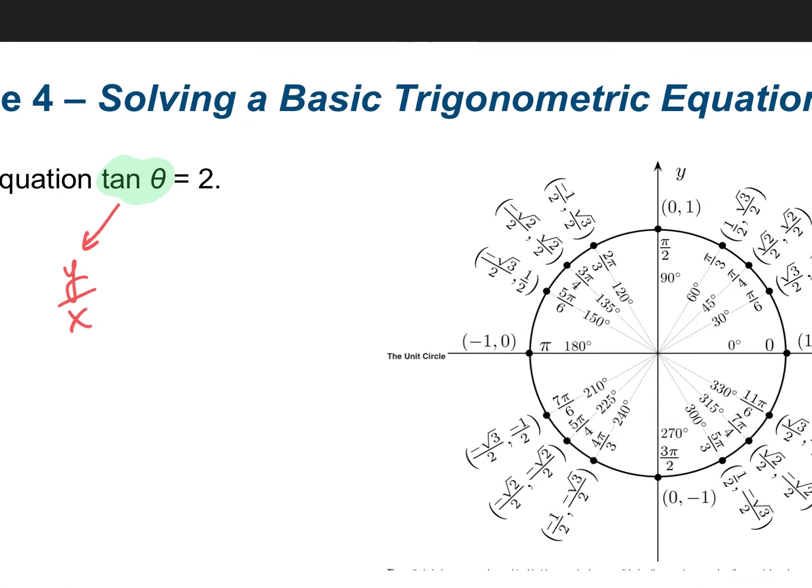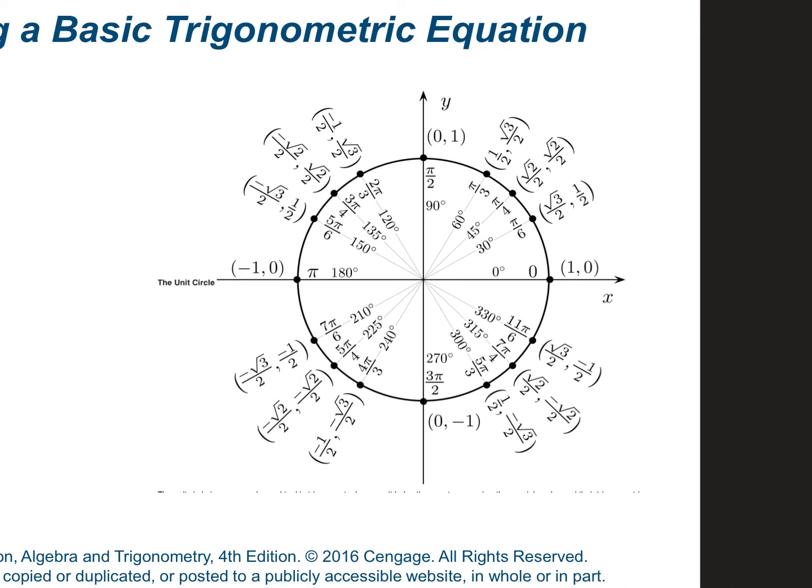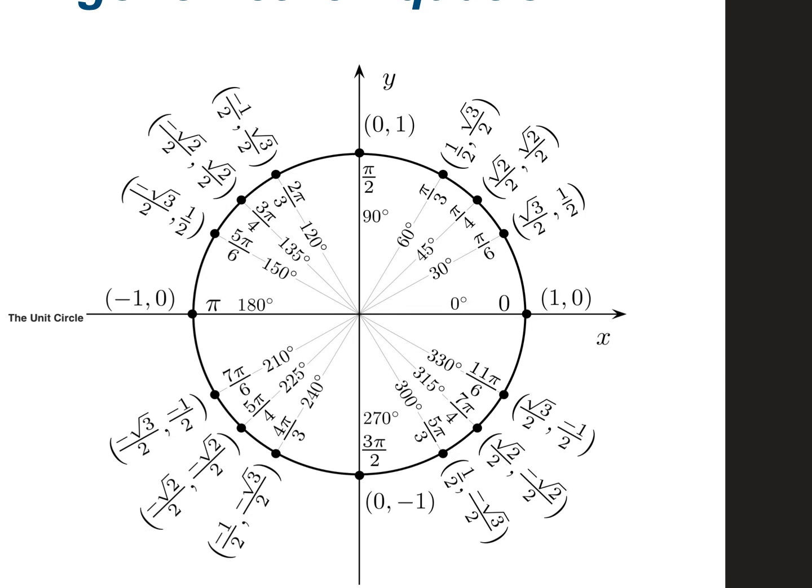Can you just look at your unit circle and tell where you would take the y value, put it over the x value, and get a specific number? Hopefully you'll get to the point where you can. But let's talk about the unit circle just for a second here. I'm going to look at the first quadrant. Everybody understand this is my first quadrant, yes?